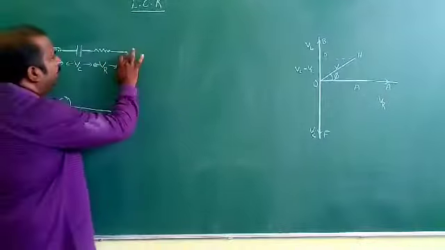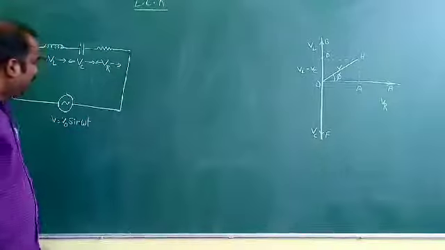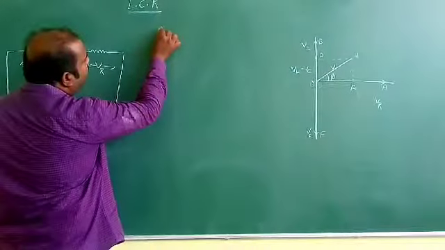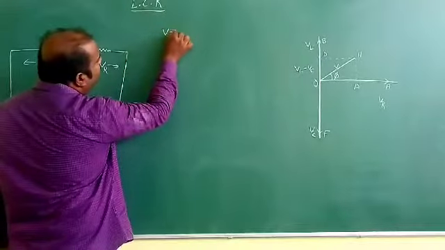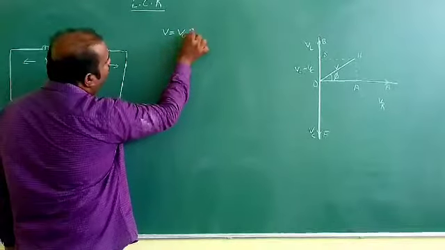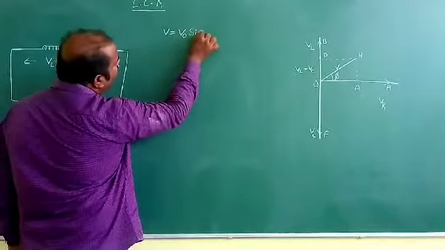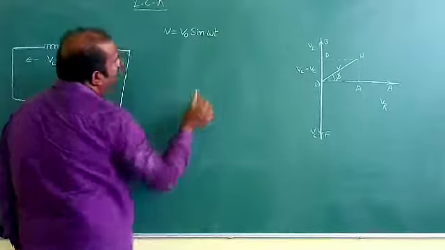Now, the voltage applied by the source is given by V is equal to V naught sin omega t.